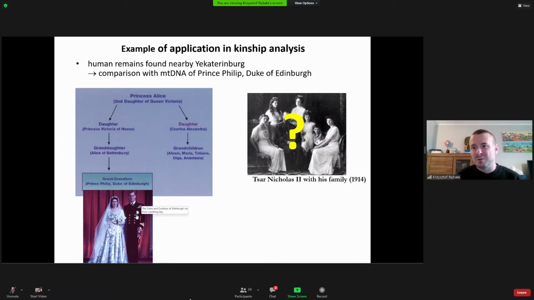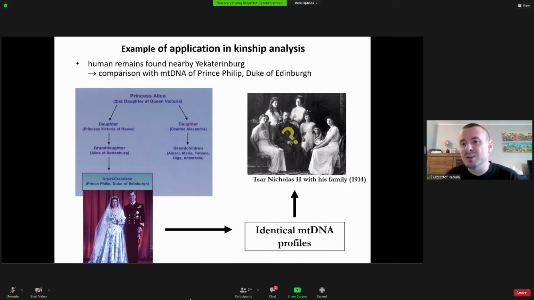And he was the husband of the Queen of the United Kingdom. He provided his DNA for comparative purposes, and geneticists found that his mitochondrial DNA was identical to the mitochondrial DNA of the Tsar's family. So it was additional evidence supporting the royal origin of the human remains that were tested.